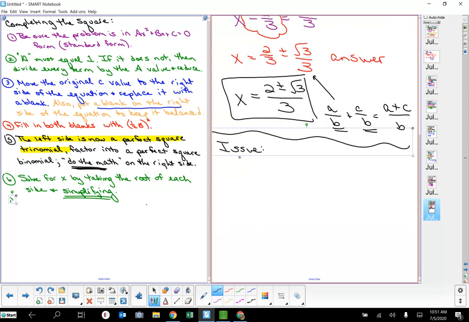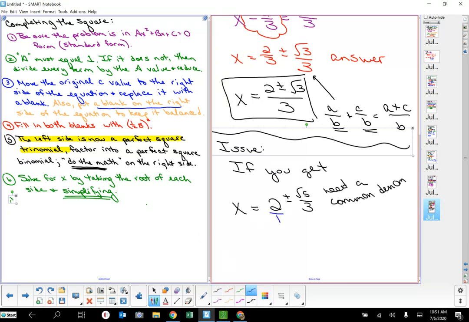If you get this, let's say you have x equals 2 plus or minus rad 5 over 3. Well, you now need to create a common denominator. And so your 2 is really over 1. Your common denominator is going to be 3, so you got to multiply the top and bottom.